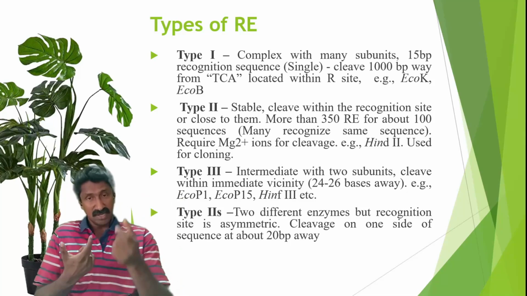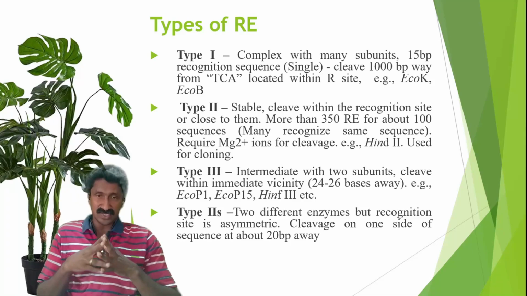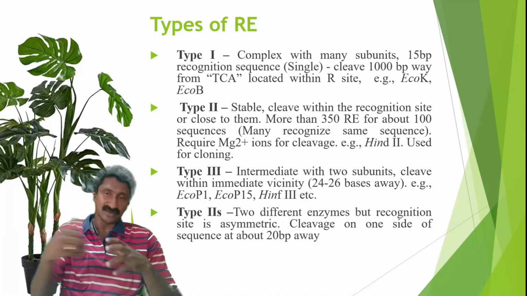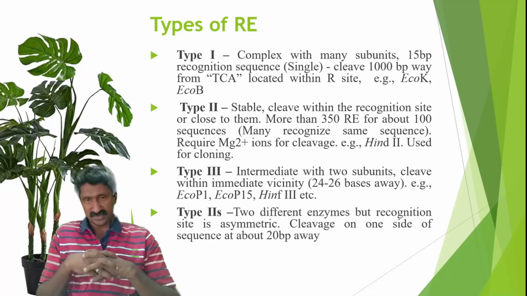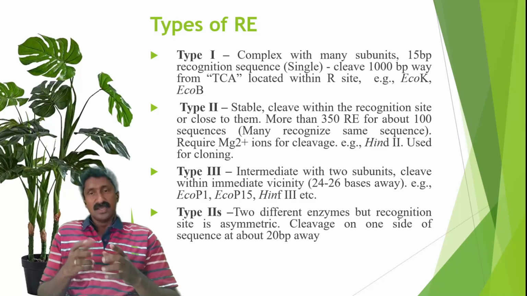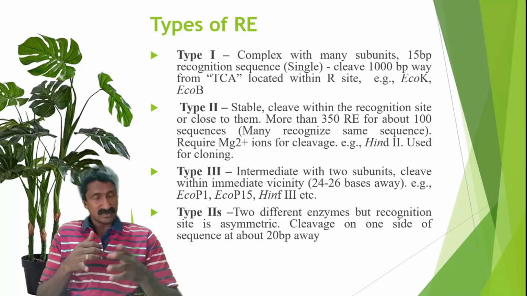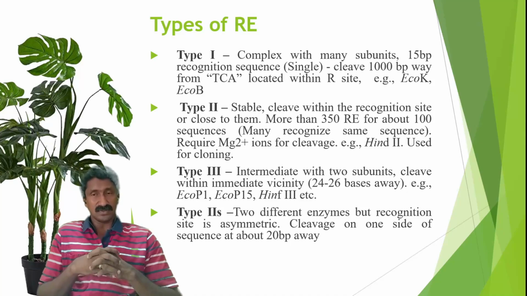That means many enzymes recognize the same sequence. It also requires Mg2+ ions for cleavage. An example is the HindII enzyme of Haemophilus influenzae. That is another example of a type 2 restriction enzyme, and this is basically used for cloning.